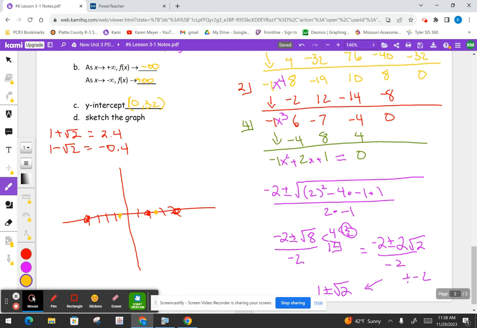And I know on the right side, we said it was going to go down. And on the left side, we said it was going to go up. There's no multiplicities, so you know it's going to go straight through. So we're just going to sketch our graph that looks something like what it does on the calculator. And you're done. That's it.